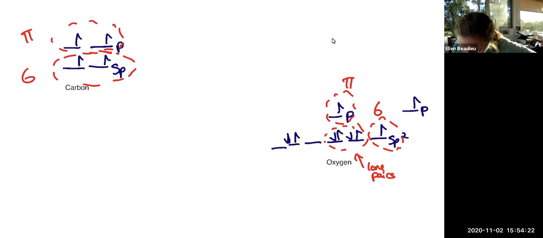Two of them hold lone pairs, and one of them has an orbital ready to form a sigma bond. Okay, well, now we're ready to make our diagram. I'm going to clean this up a little bit because I don't like what I drew there. Here's my two lone pairs, and here's my other half-filled sp2 orbital.